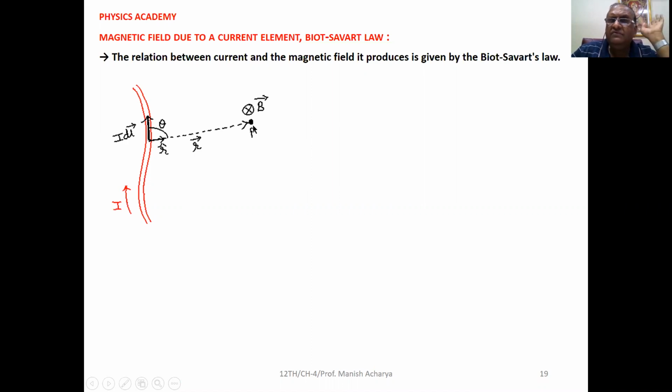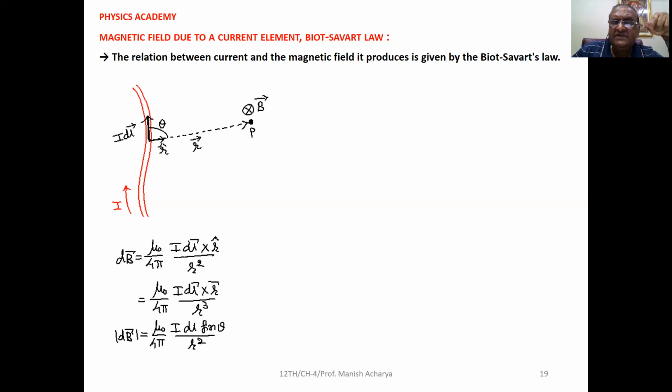Here suppose the angle between the current element and the position vector is theta.